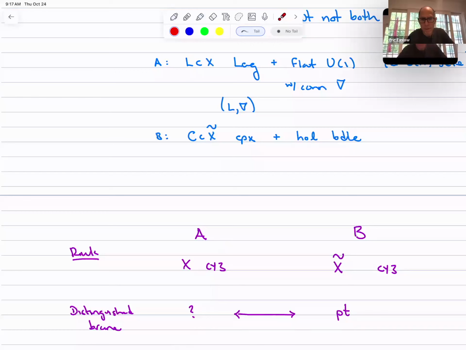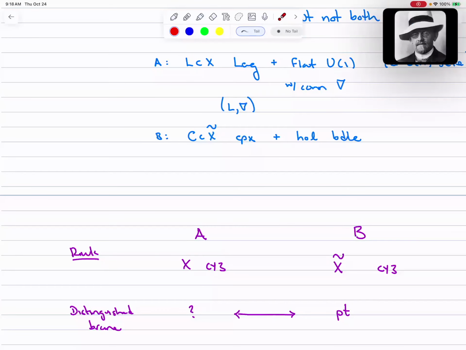Does it make sense? I'm waiting for some question to arise. This is, from my perspective, one of the key points in understanding mirror symmetry.